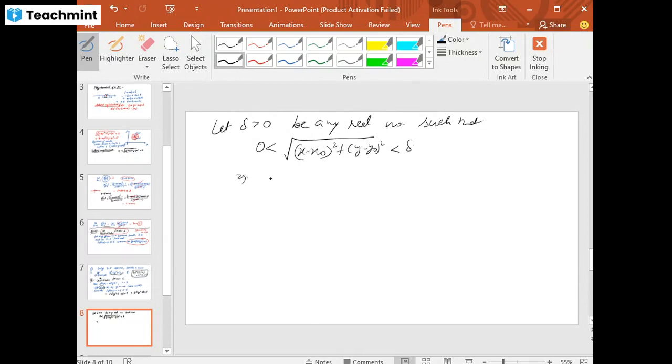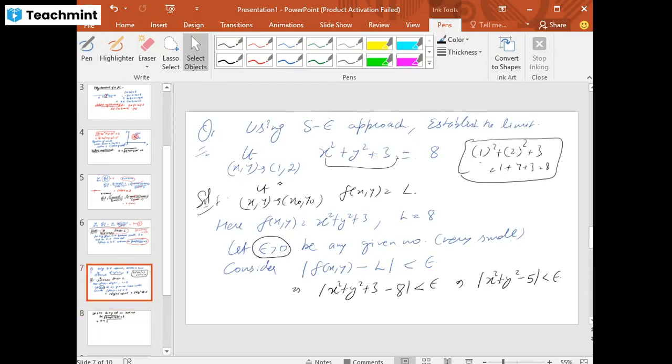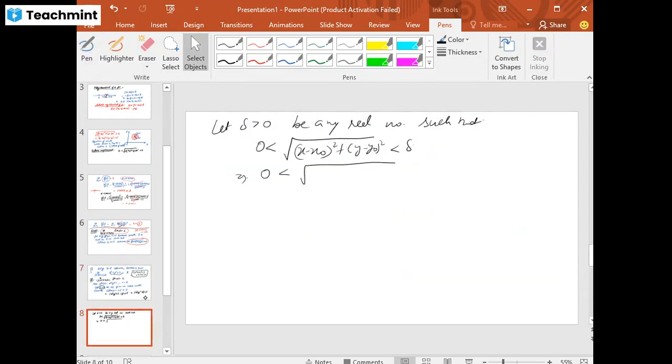Basically, we are going to consider the relative neighborhood of a point. So what is x naught here? Here x naught is 1 and y naught is 2. So it means here we have (x minus 1) square, (y minus 2) square, and this whole term is less than delta.